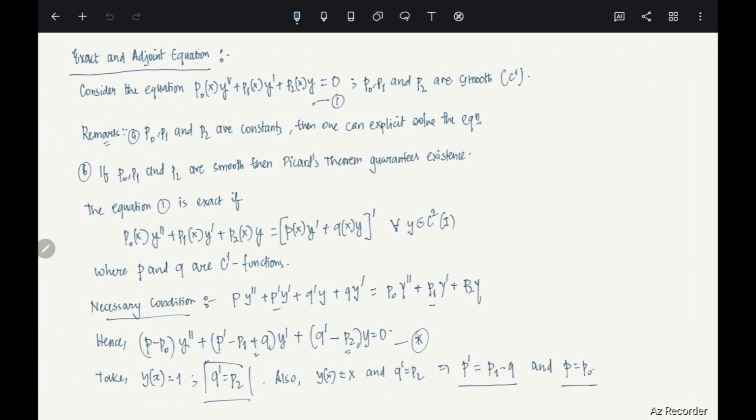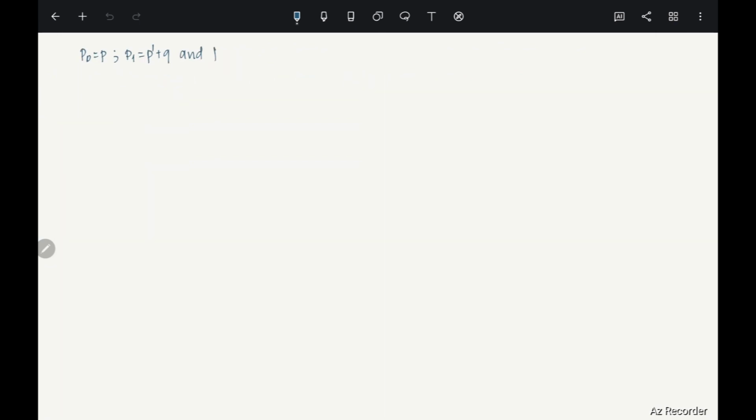P2 is q prime. So if you put all of this together, it becomes p naught double prime of x minus p1 prime of x plus p2 of x is 0.